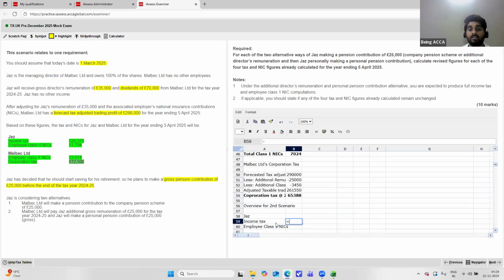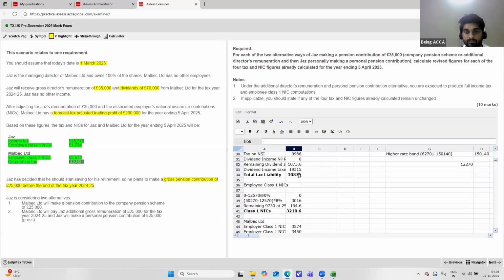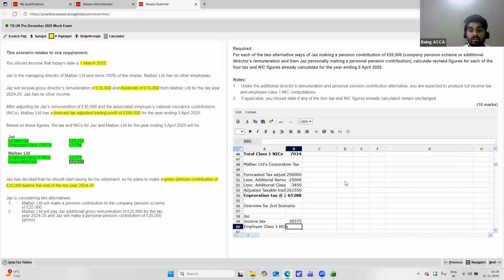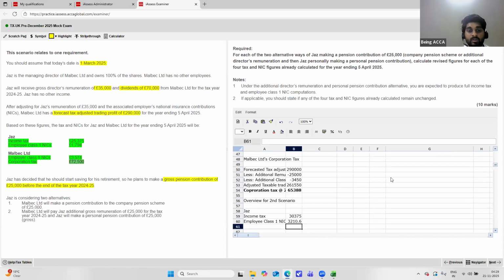How do you calculate that? The income tax is 375, and class 1 NICs is something we calculated as 3210.6. These are the two values.